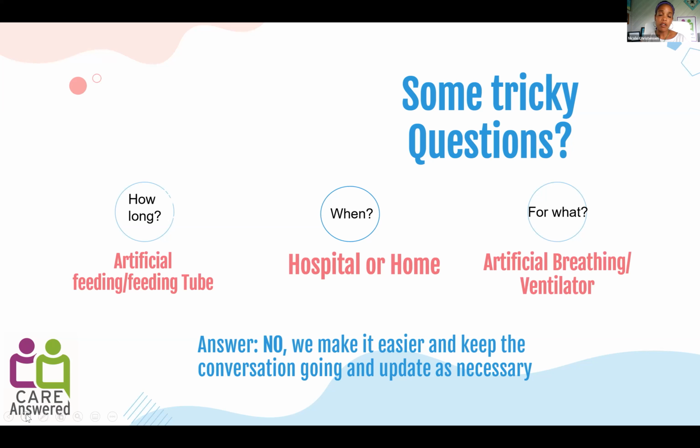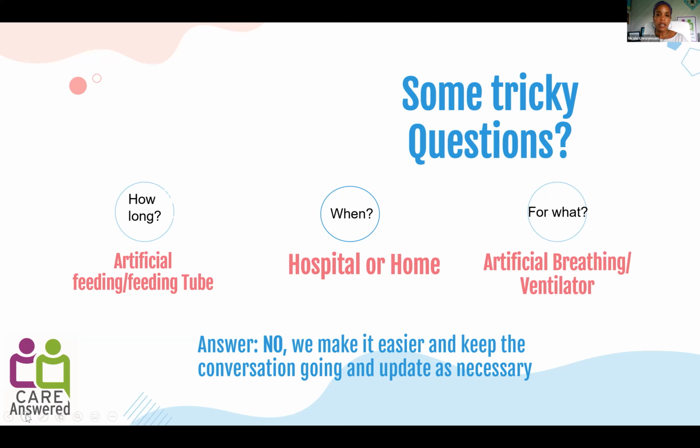And it wasn't a conversation that we had because we just didn't think about that. But it's something to think about. And it might be different for different people. They may say, yes, I'll do artificial feeding or a feeding tube if it's to get me through a period of time, but maybe not if that's the only thing that's elongating my life, or some other question.